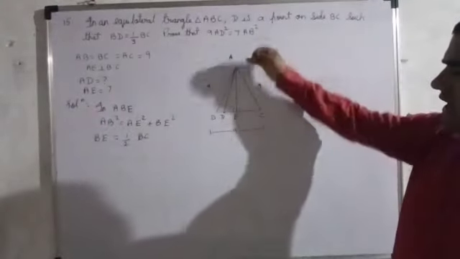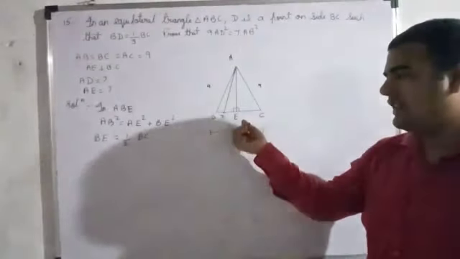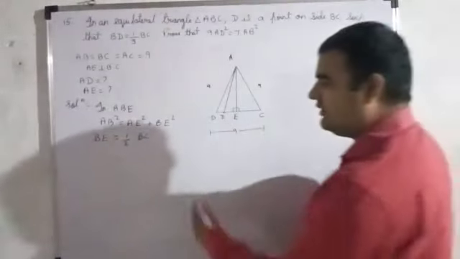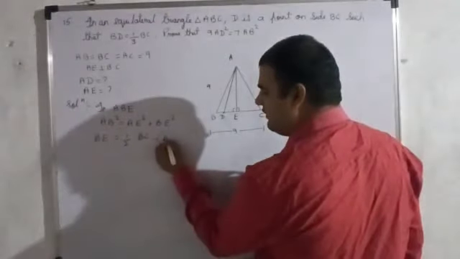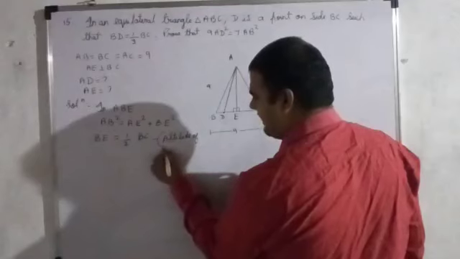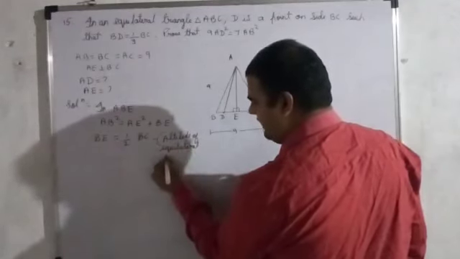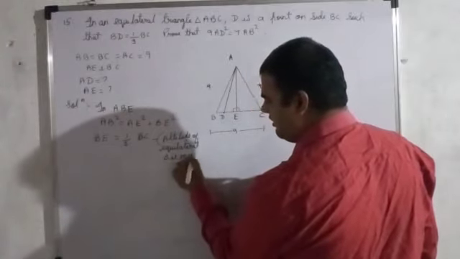How? AE is perpendicular to BC and the altitude of an equilateral triangle is also the median.